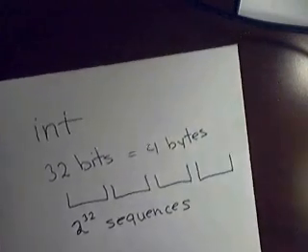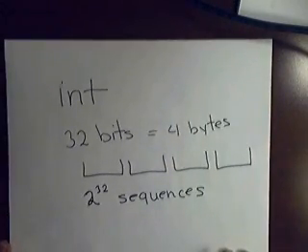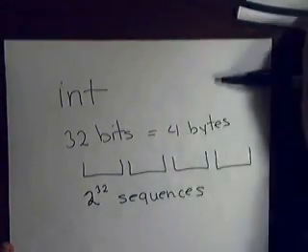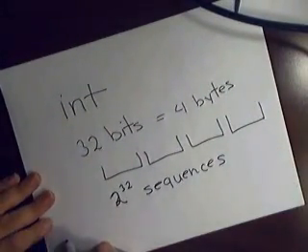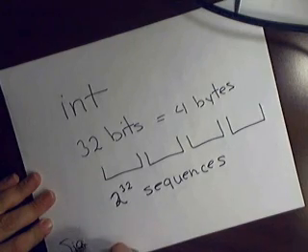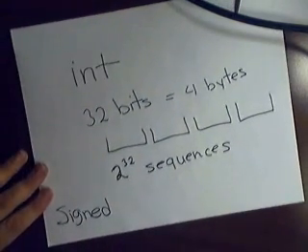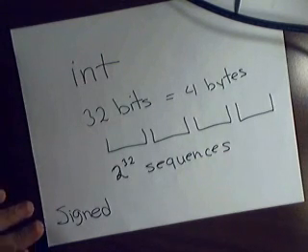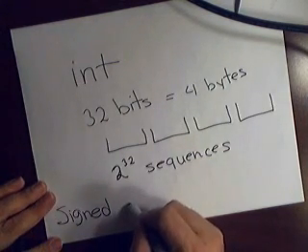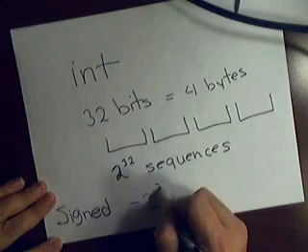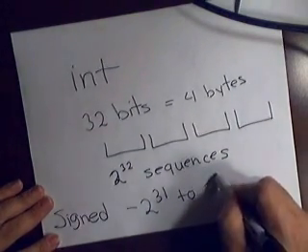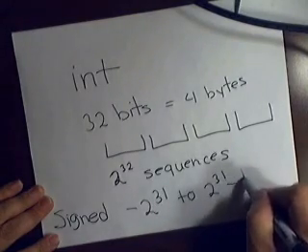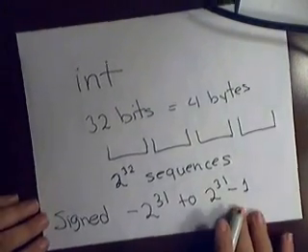Now again, are these sequences signed or unsigned? It is easy to see. Let's say we have a signed integer: we will be able to represent numbers from -2 to the 31 to 2 to the 31 minus 1.